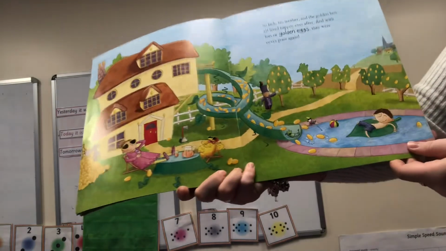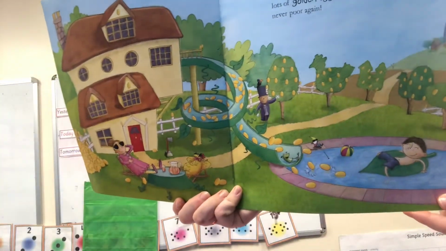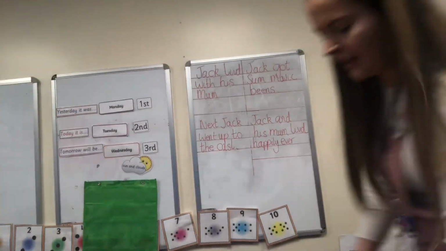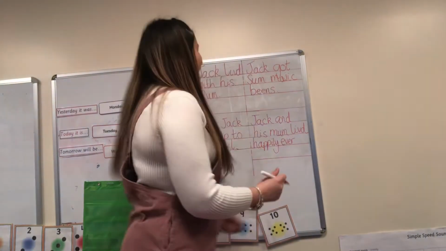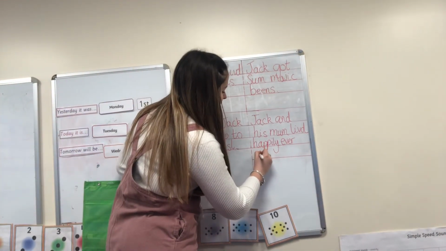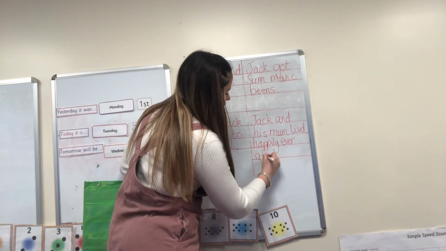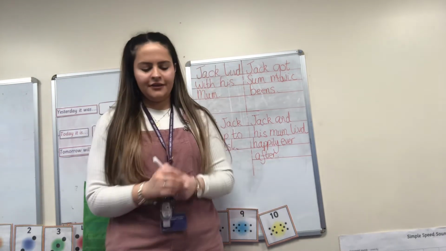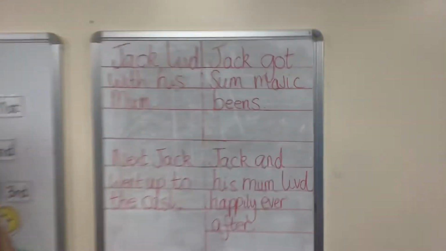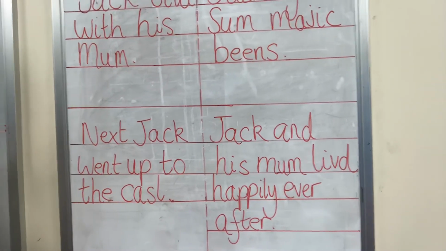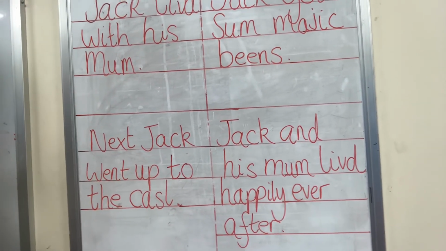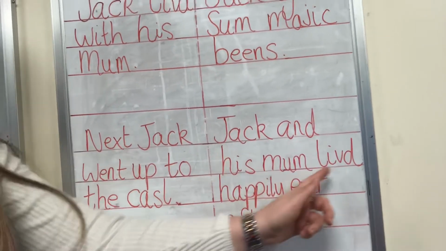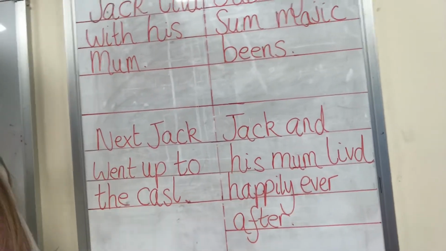And this is them here. Can you see? This is where they are, really happy. So let's do our last word. Ever after. After. And I'll just bring you closer so you can quickly do yours. Pause the video if you need to. Jack and his mum lived happily ever after. And that is the end.